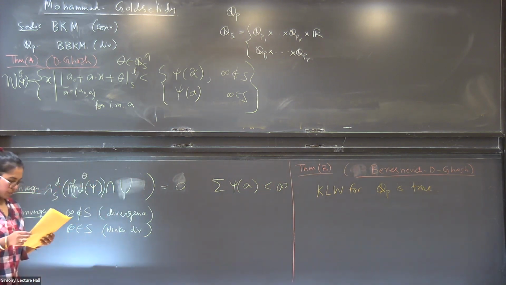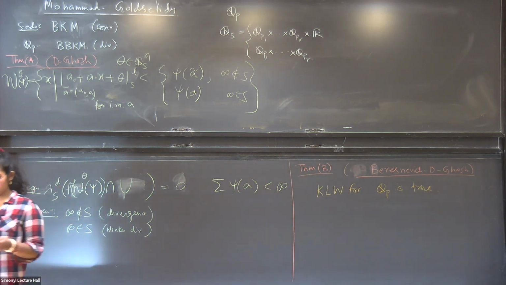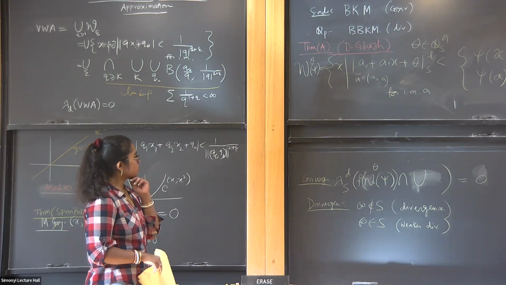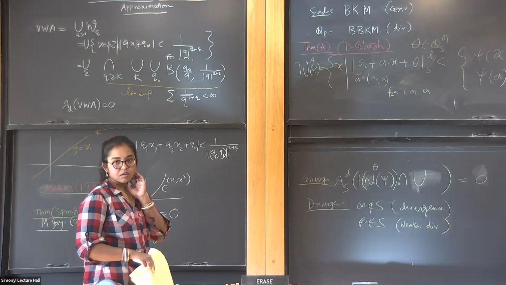So I have 10 minutes, so I can probably just talk a little bit about the proof. For that, I need to clarify. You have this theorem A about the arithmetic case, but for the real case, it was known.